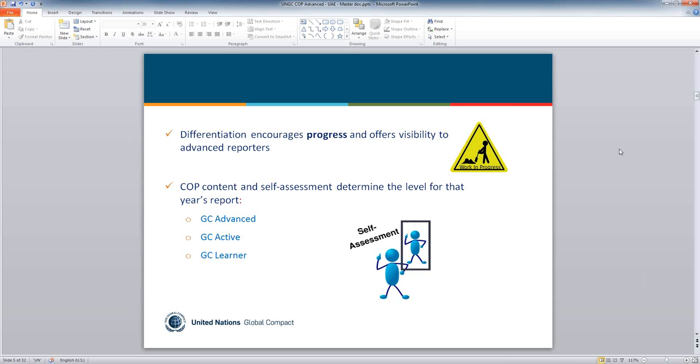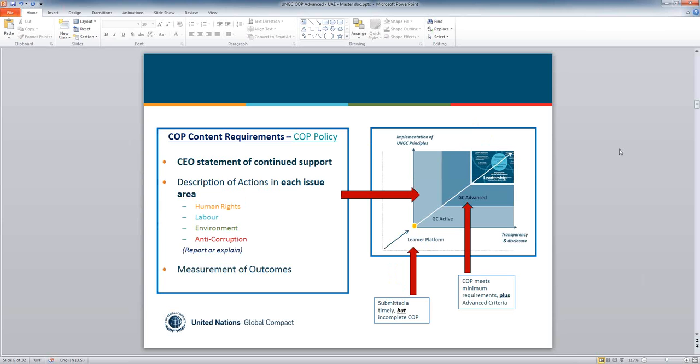So the whole idea behind the levels is to encourage companies to always achieve more, and also to give visibility to those companies that are already reporting and implementing sustainability issues at an advanced level. The level is determined by the content of the COP and by a self-assessment, which is a questionnaire. We will talk about it in a little bit.